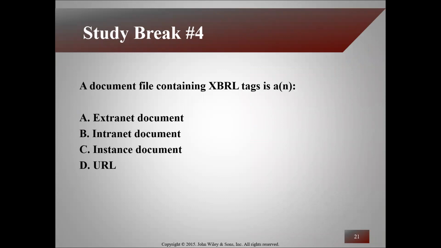We left off with study break number 4. A document file containing XBRL tags is A, extranet document, B, intranet document, C, instance document, or D, URL.